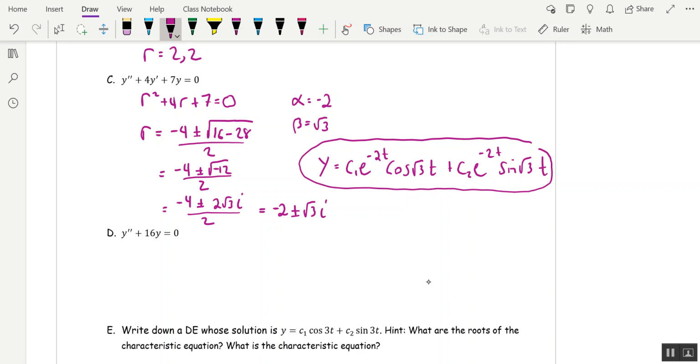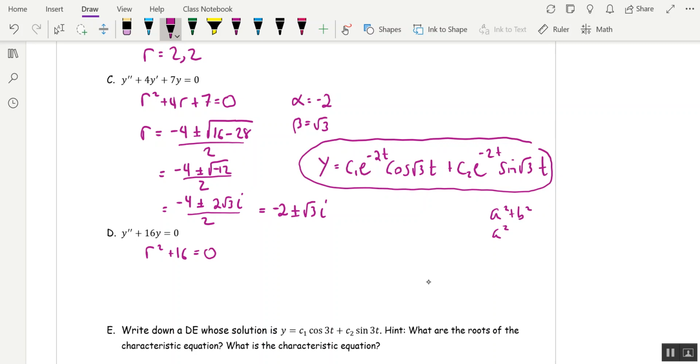Okay, next one, characteristic equation is r squared plus 16 equals 0. It does not factor as r plus 4, r minus 4. Remember, a squared plus b squared does not factor. It's prime.